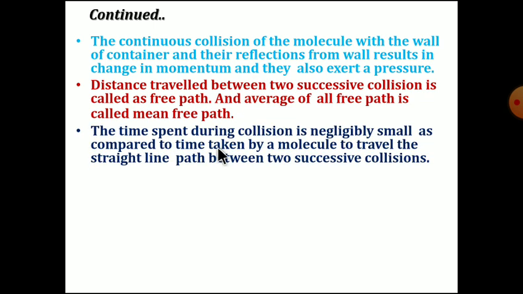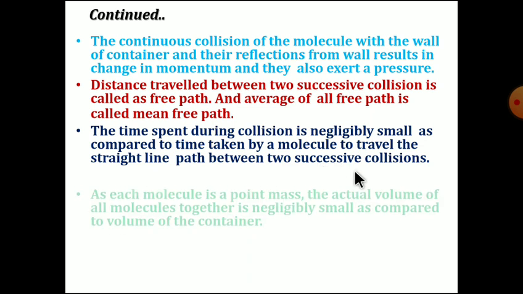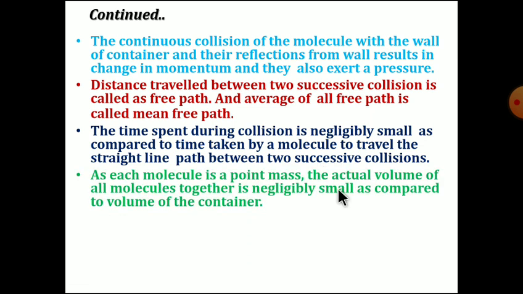The time spent during collision is negligibly small as compared to the time taken by the molecule to travel the straight line path between two successive collisions. Each molecule is considered a point mass, so it has no dimension, and hence the actual volume of all molecules together is negligibly small as compared to the volume of the container.